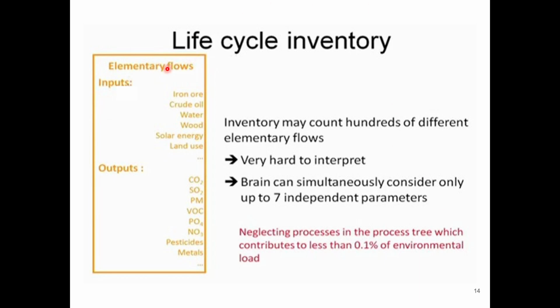Now if we go further, in the life cycle inventory, as I told you, these are the elementary flows: inflow and outflow of inputs and outputs respectively. Inputs can include various materials such as iron ore, crude oil, water, wood, solar energy, land use, etc. And outputs will definitely be in the form of emissions, such as carbon dioxide, sulfur dioxide, particulate matter, volatile organic compounds, phosphate, nitrate, pesticides, metals.